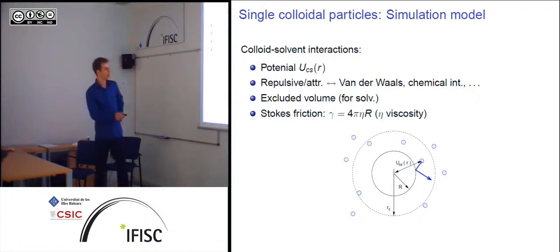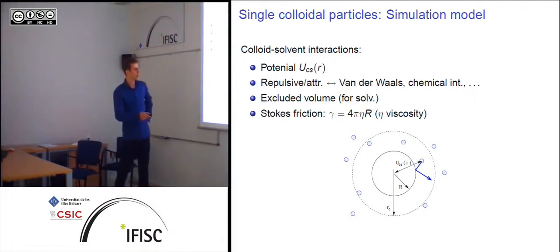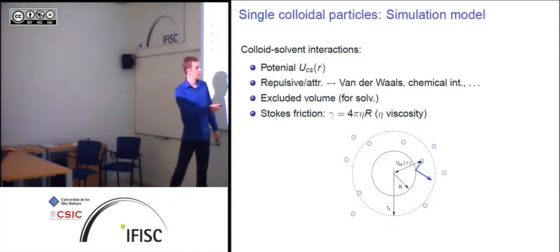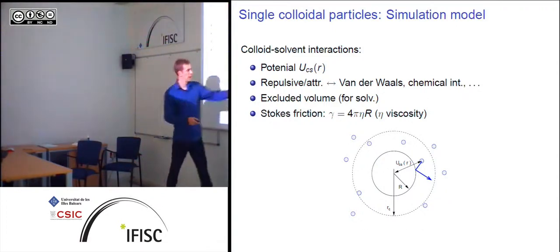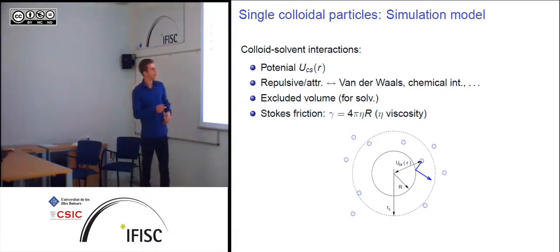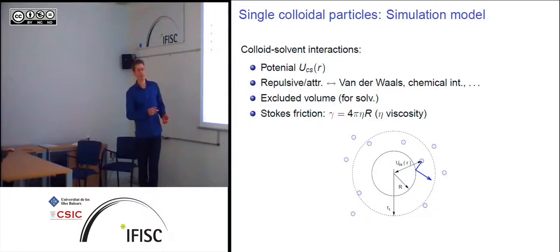Normally, when the colloids are reflected not in a specular way, but so to say reflected in the same direction as they came from, then you have 6 pi, the same result with 6 pi eta times r.